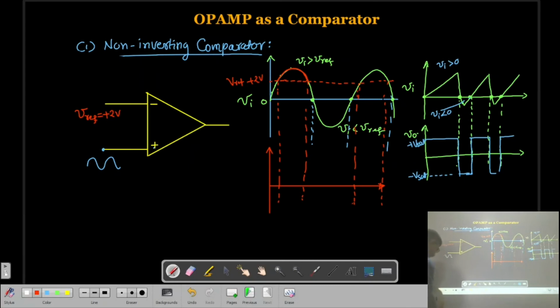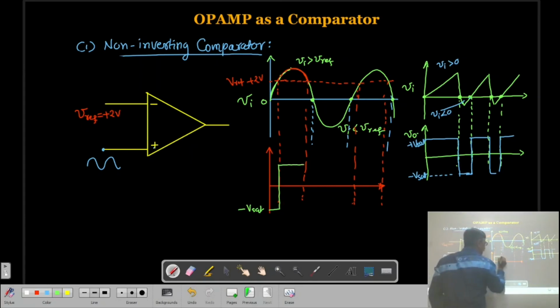Remember, for this value, if the input voltage is less than the reference, the output will be in minus V saturation. Now for all these values, the input voltage is greater than the reference voltage of plus 2 volt, so it will be in plus V saturation.